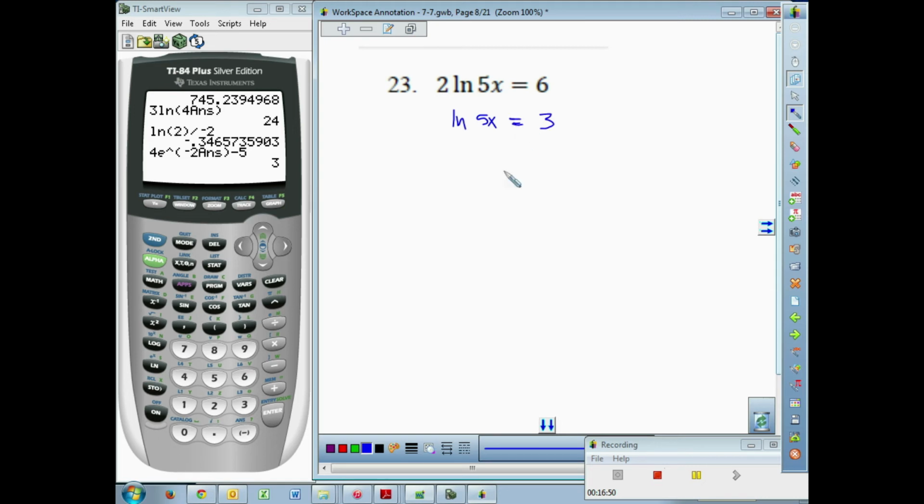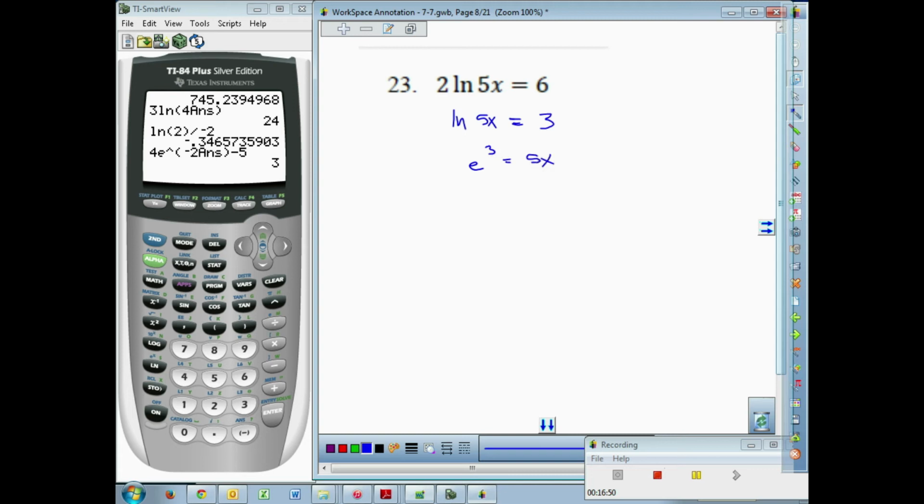Groovy? Now that it's log equals number, do what? Rewrite it exponentially. Go for it. Rewrite it exponentially. You should get that.